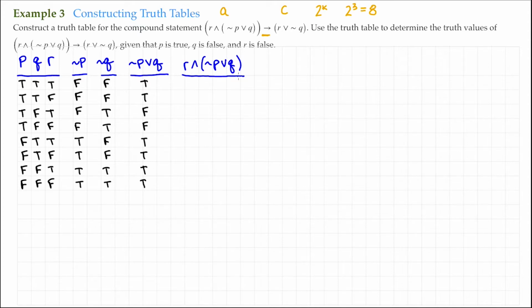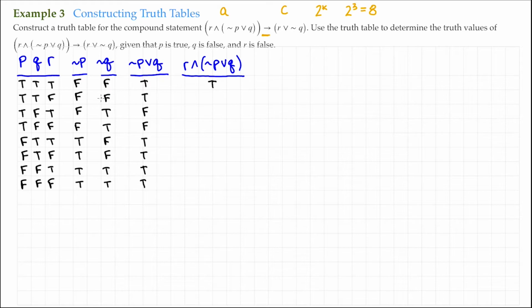So for this entire clause to be true, for a conjunction, this has to be true, and this has to be true. So what I like to do is I'm just going to go to the trues right here. Just look at the trues. And then see where it's true for R. So it's true here, and it's true here. That's true.